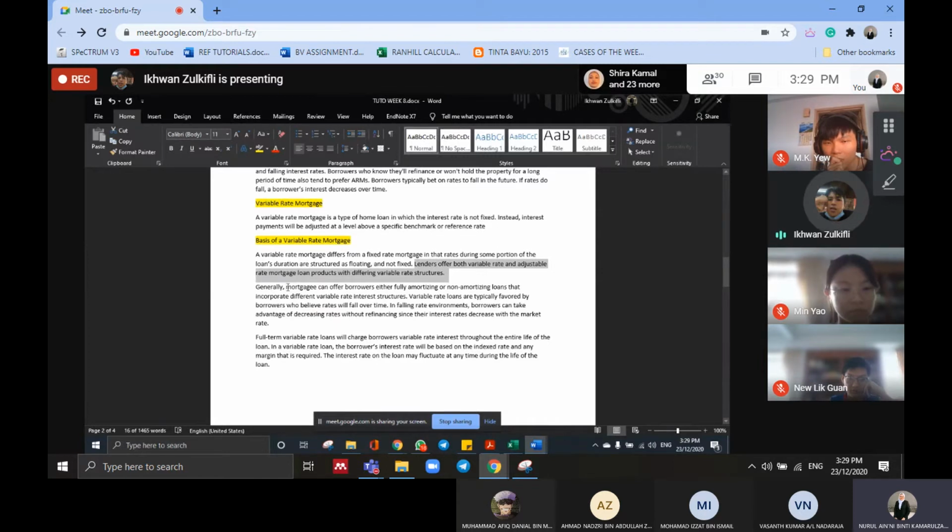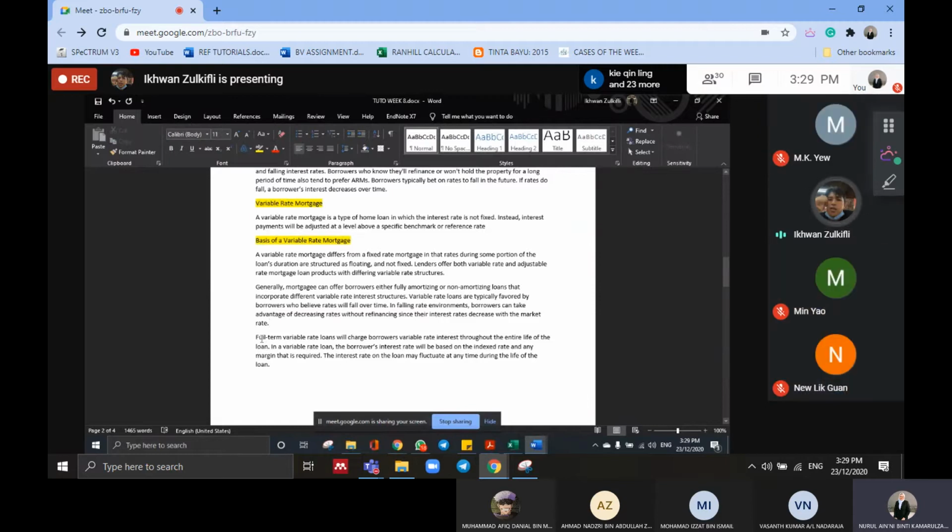Generally, the mortgagee can offer borrowers either fully amortizing or non-amortizing loans that incorporate different variable rate interest structures. Borrowers can take advantage of decreasing rates without refinancing since their interest rate decreases with the market rate. So it's an advantage for the borrowers.